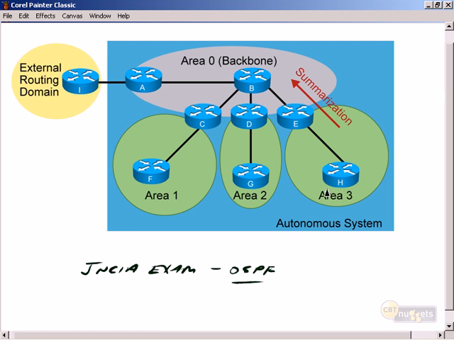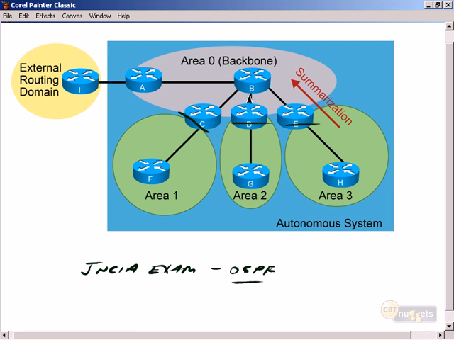Then the flooding of individual router announcements, which is a certain type of link state advertisement, is limited to the boundaries of an area. So when router F sends out individual router announcements, it's not going to get past this router. Same thing here, same thing here.